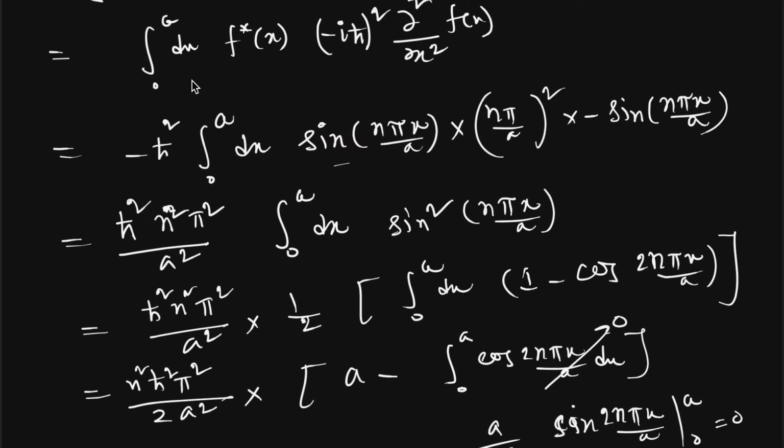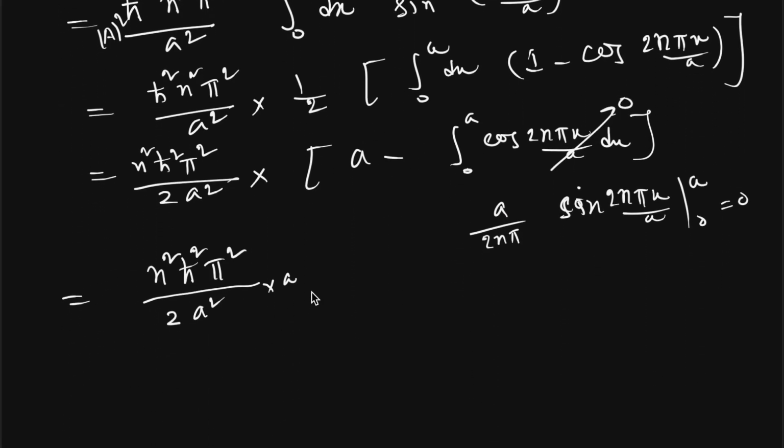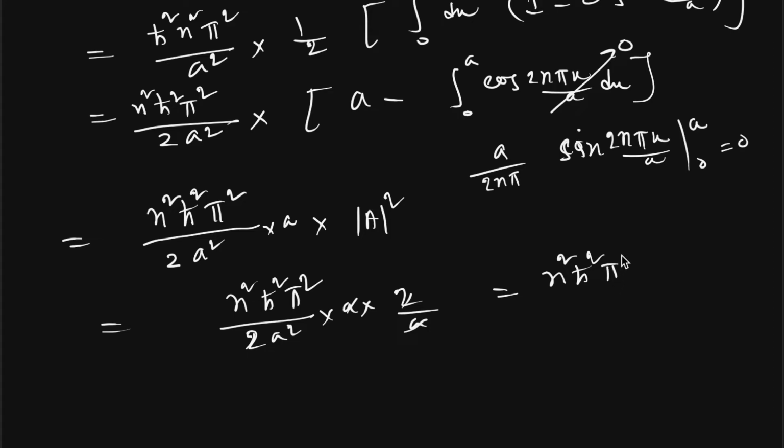Here one thing we have missed, there will also be mod A square everywhere. So here also there is a mod A square, which is 2 by a. That means it is n square h cut square pi square by a square.